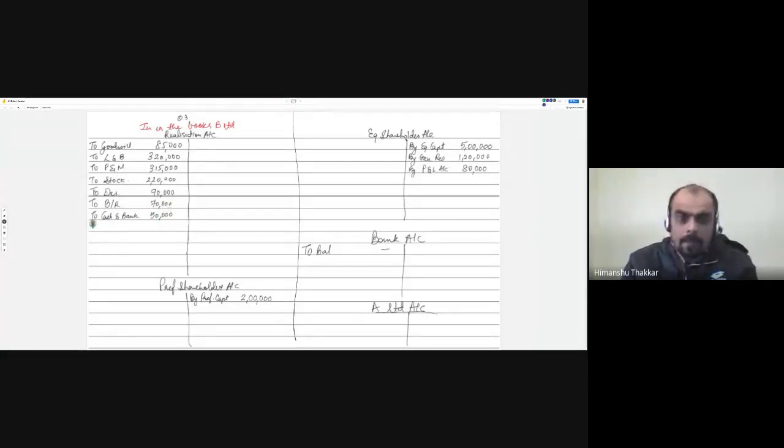Then that's it. All the assets taken. Now liabilities, for whatever liabilities they were taken. Debentures 1 lakh, by creditors. Creditors 1,50,000. Then that's it.